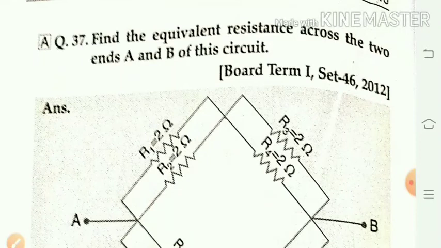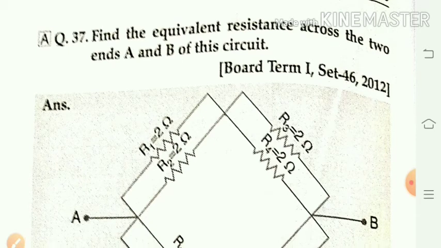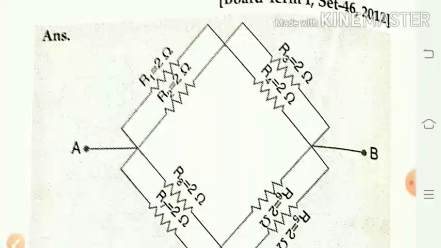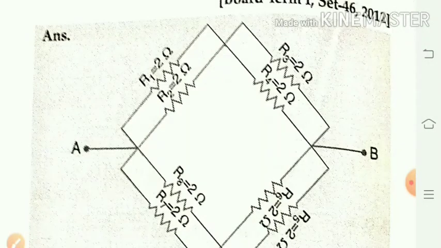Find the equivalent resistance across the two ends A and B of this circuit, which is given in the diagram. If you see this diagram, at every part of the square there are two resistors in parallel combination. These are of 2 ohm each.